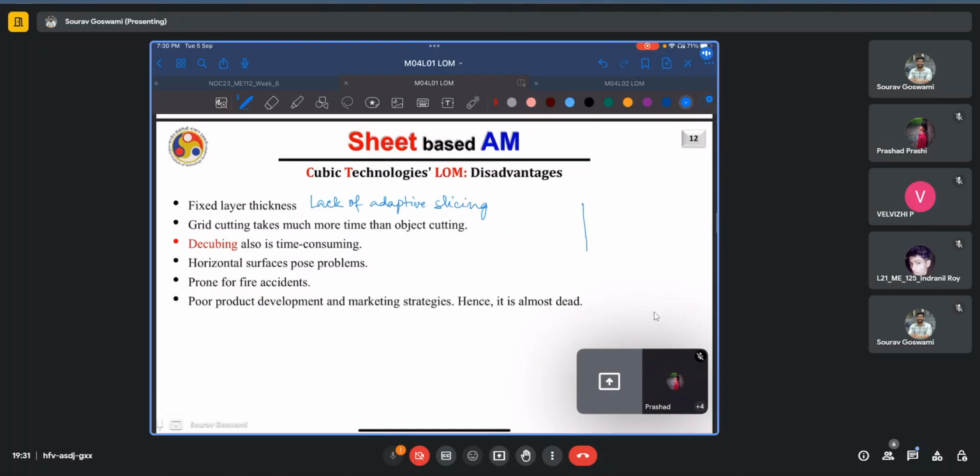So, just like we have seen, say you have this arch-shaped geometry, which we have to deposit. Ideally, we would have done some coarse slicing here and maybe some comparatively finer slicing in these regions to capture all the geometrical intricacies. However, this is not possible in the case of sheet additive manufacturing as the layer thickness is fixed. Thus, we cannot actually make use of the adaptive slicing techniques.